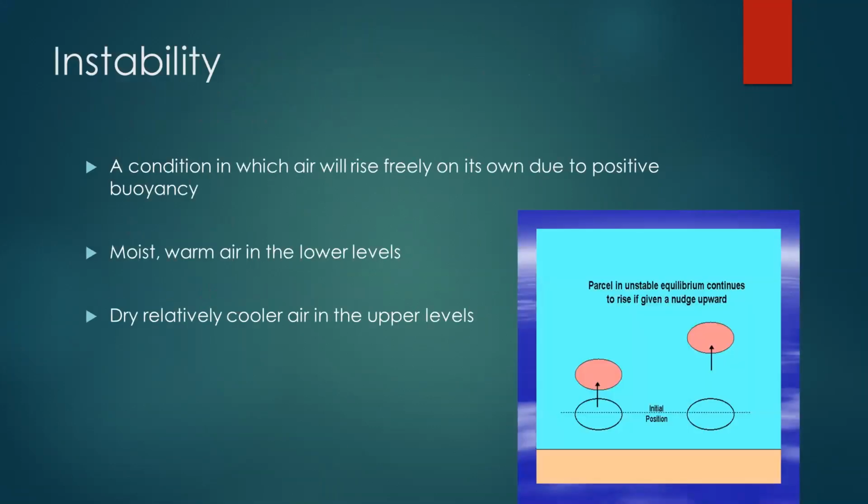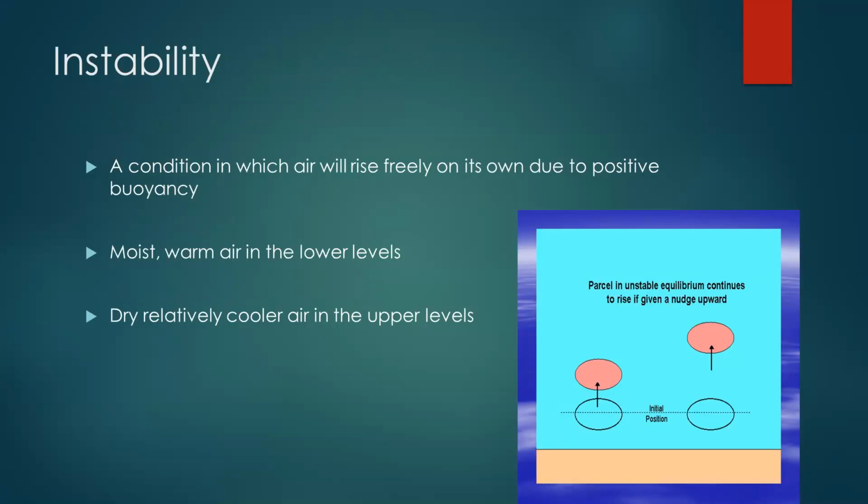So just briefly to review instability. It's a condition in which air, if it gets a little push, will just continue to rise because it's positively buoyant. And I have a little figure there that demonstrates it. It really depends upon the temperature and moisture vertical profile in the atmosphere. So when a parcel of air is pushed upward for some reason, it will expand and cool just because the pressure in the atmosphere decreases as you go up.